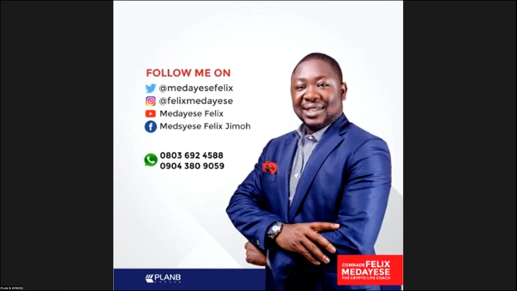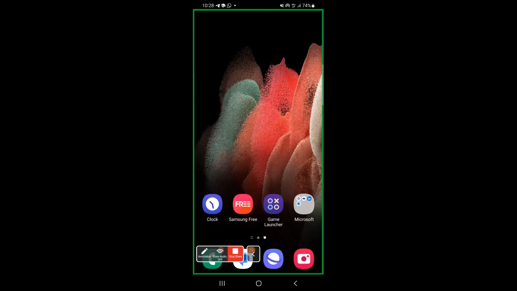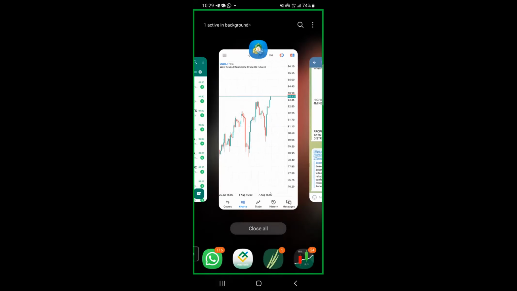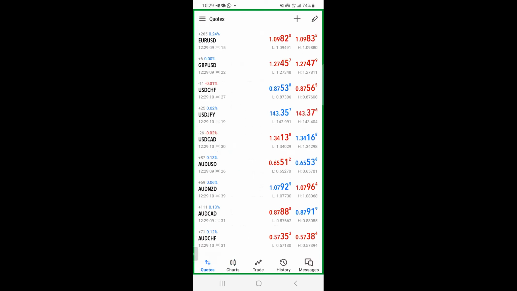So just go to MT5 and you can set the way you add other trading pairs. So okay, this is MT5 for instance. All right, so when you go to MT5, you have to go to your quotes and use this plus sign.